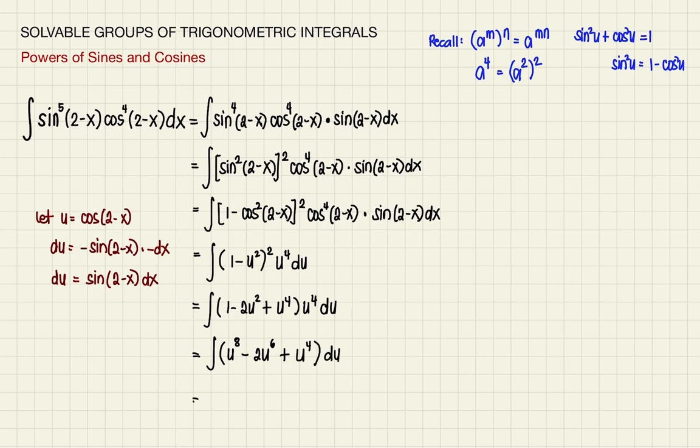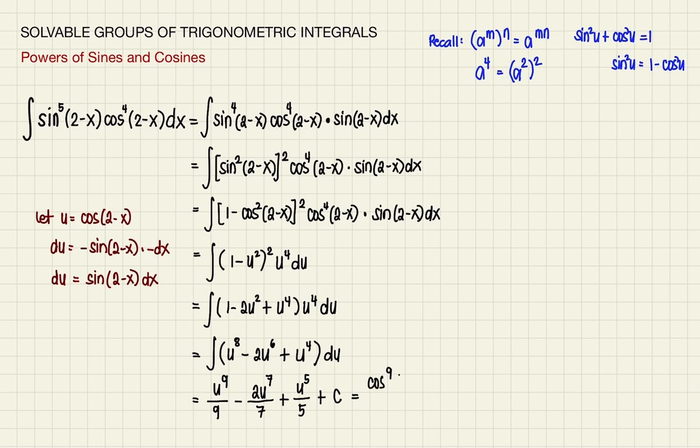So we can now integrate. That would give us u to the power of 9 over 9 minus 2u to the power of 7 over 7 plus u to the power of 5 over 5 plus c. And then we have to rewrite back to the original function. Our u is cosine of 2 minus x, so we rewrite it in terms of cosine.